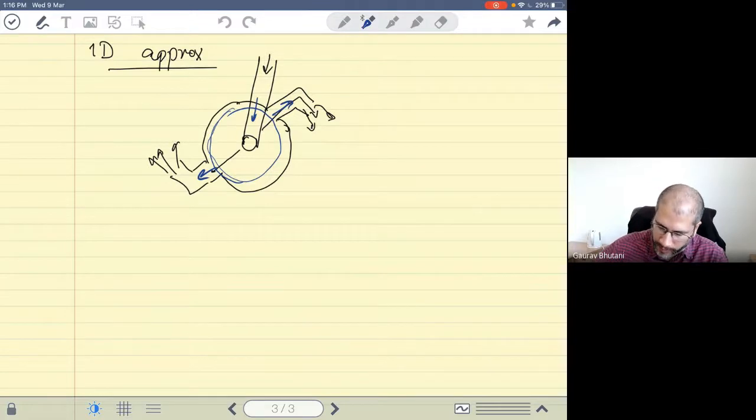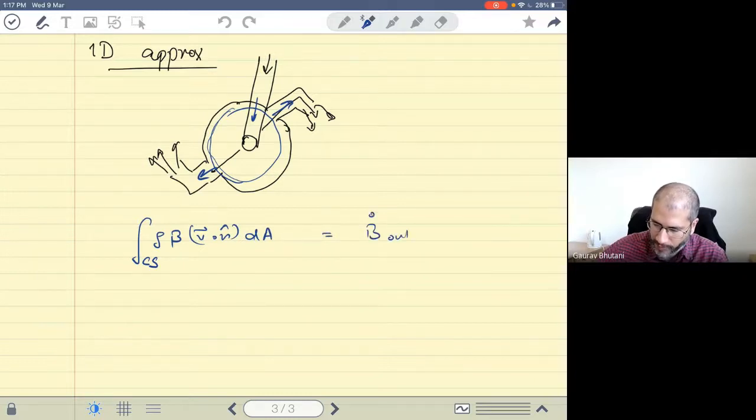So this whole term that we had, integral over the control surface, rho beta v dot n times dA, which basically came from B dot out minus B dot in. Now we don't need to evaluate any integral here because we know that there is one inlet and two outlets.